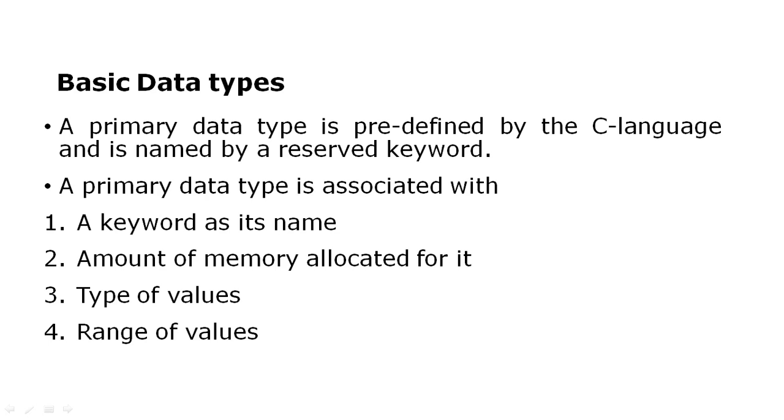A primary data type is associated with a keyword as its name, the amount of memory allocated for it, the type of values, and the range of values.